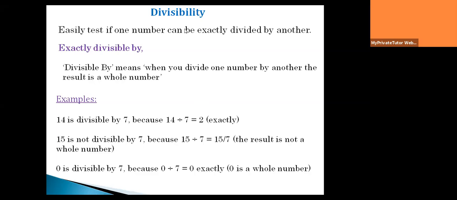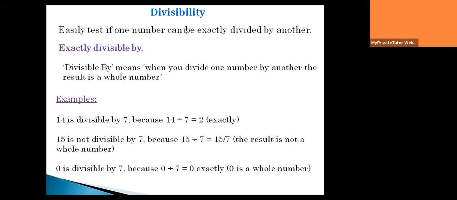You can see the definition. It says, easily test if one number can be exactly divided by another. Exactly divisible means it doesn't have any remainder, so we end up getting the whole number, not a decimal answer.